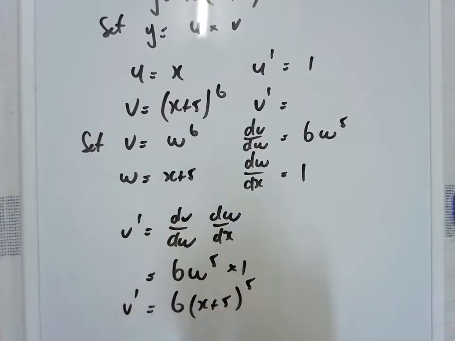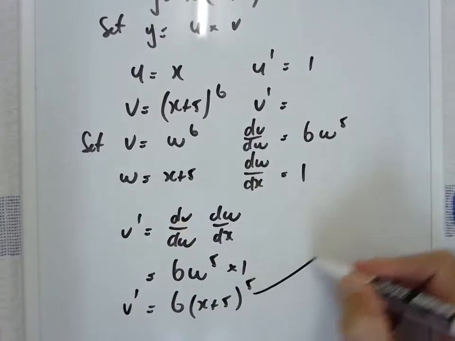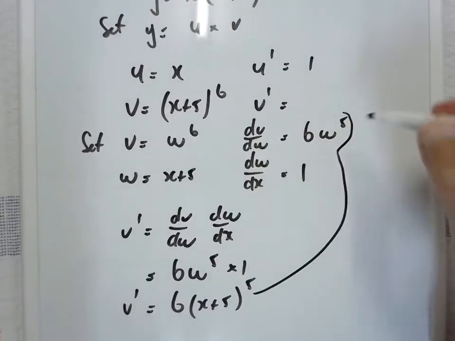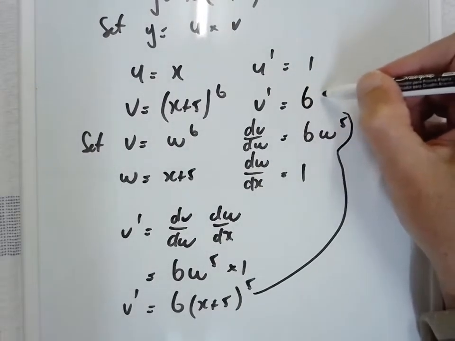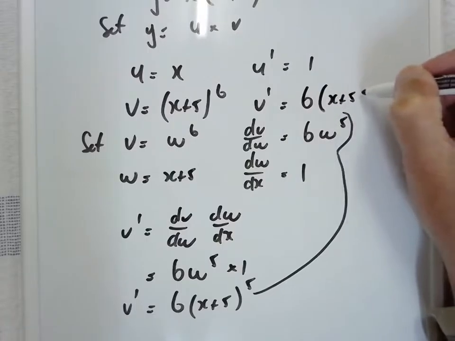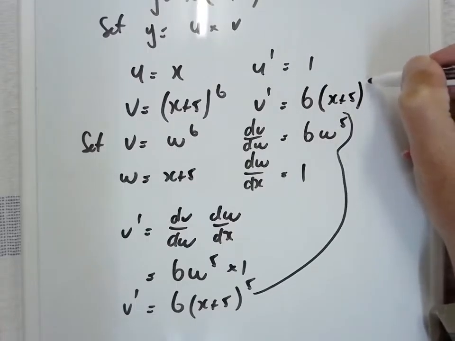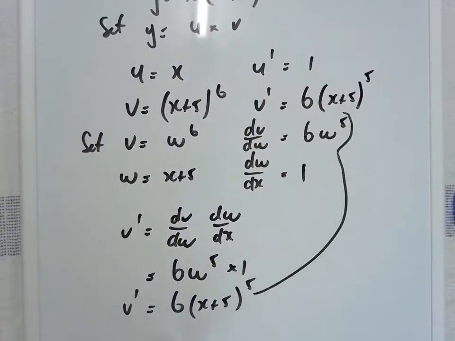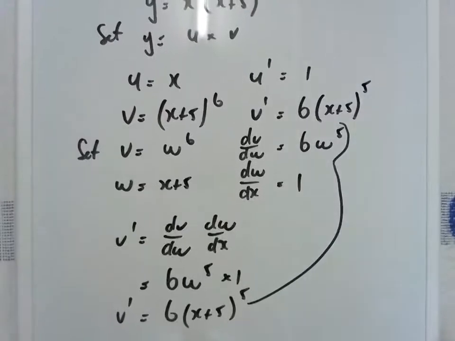So that's v dash, which is up there. So v dash is 6(x plus 5) to the 5th. Now, as you can see, I'm running out of room there.